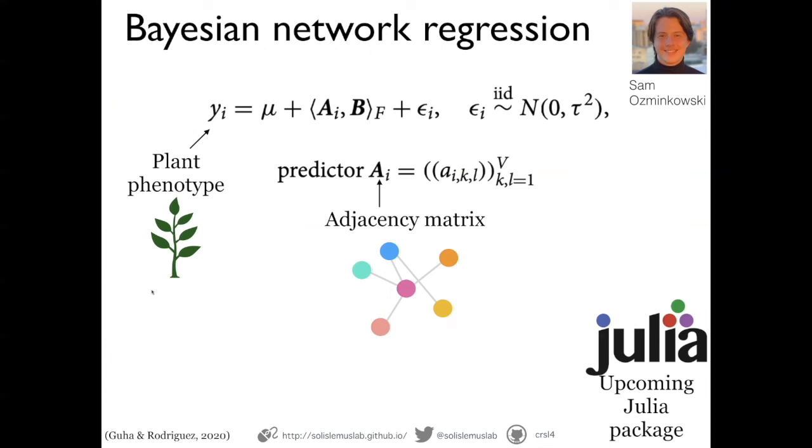This model is able to infer which are the influential edges and which are the influential nodes that have an effect on the plant. Unlike the Guha and Rodriguez work, which they did for brain networks that are not sparse, we are extending this model to the sparse networks that arise from microbiome research. Sam is working not just on the model, but also on a Julia package that's been implemented.